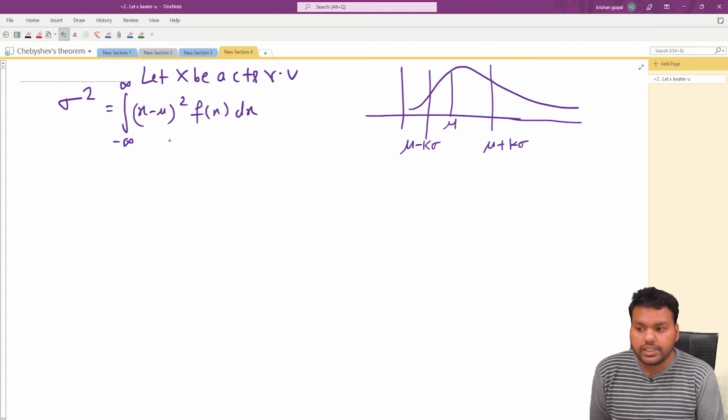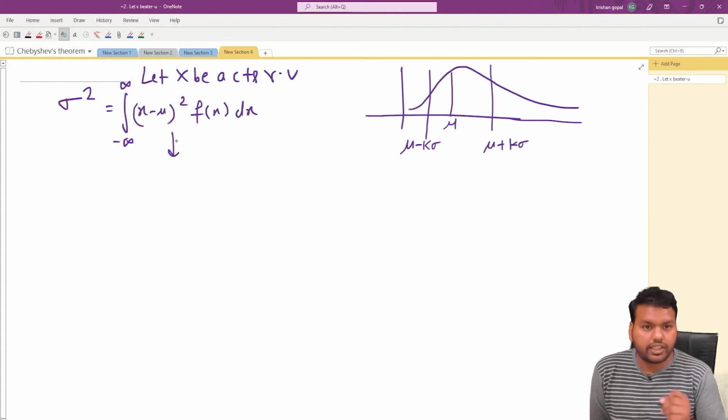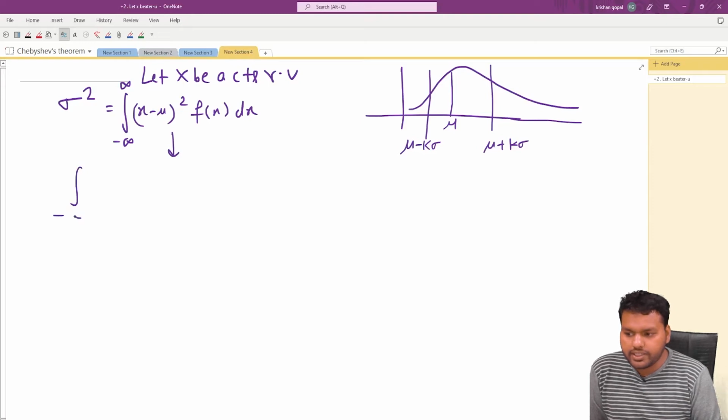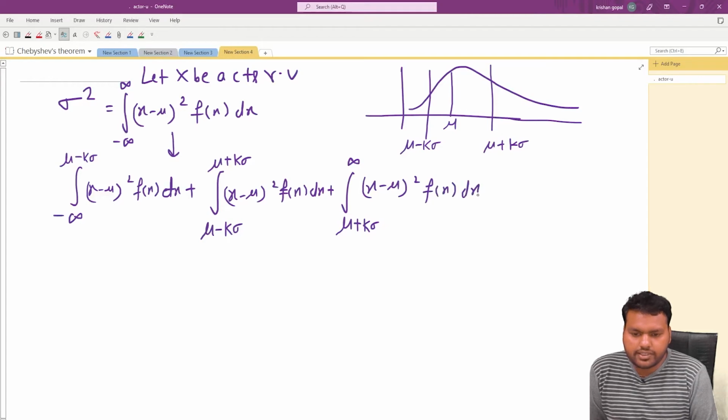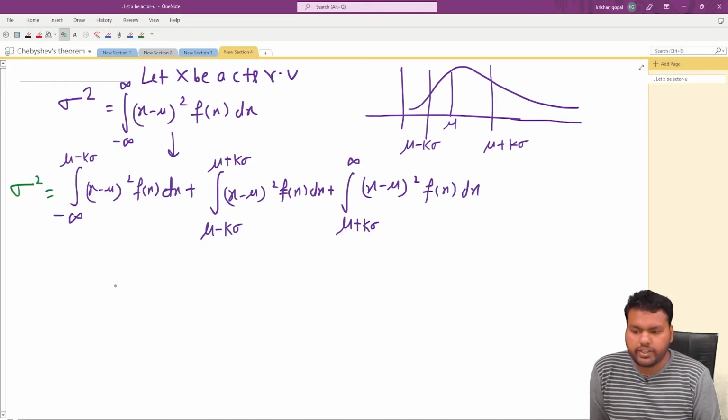To solve this integration, I can resolve it in three parts. The first is minus infinity to mu minus k sigma of (x minus mu) whole square f(x) dx, plus mu minus k sigma to mu plus k sigma of (x minus mu) whole square f(x) dx, and the last one is mu plus k sigma to infinity of (x minus mu) whole square f(x) dx, and this is equal to sigma square.